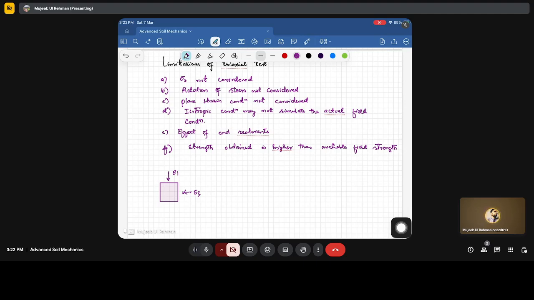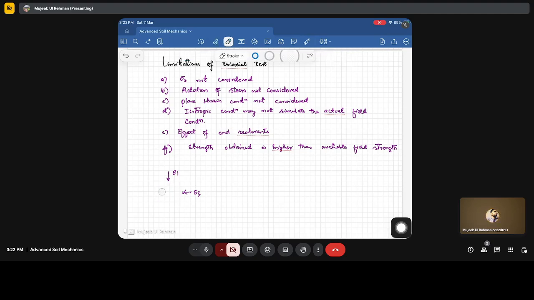But in the triaxial, sigma 1, the vertical stress, will always be the maximum principal stress, and sigma 3 will always be the minimum principal stress. But in actual cases in the field there is a rotation of stresses that it doesn't consider, and even during slope failure there may be a rotation of stresses which this triaxial doesn't consider.